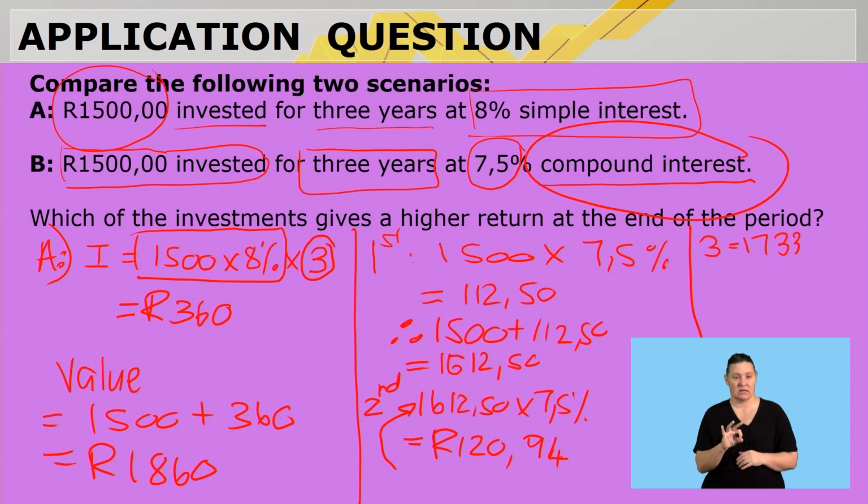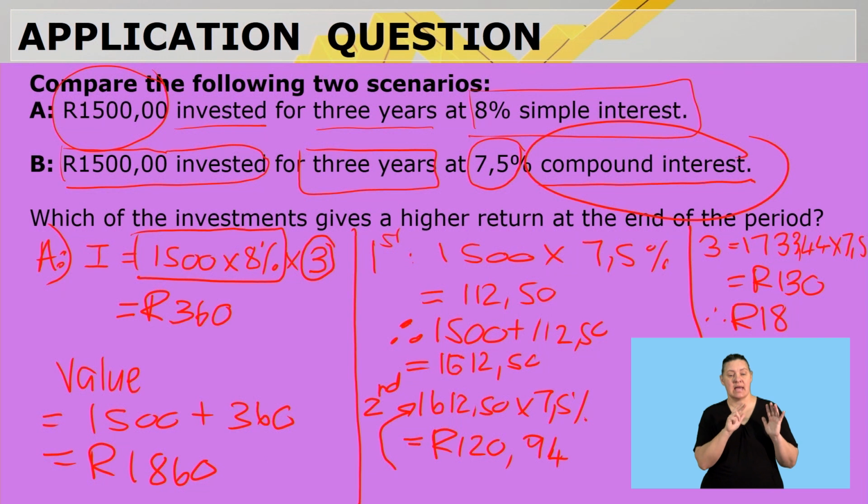So going into year 3, it's going to be 1,733 Rand 44.44 times my interest rate, 7.5%, and that is 130 Rand. So we end off with an amount of 1,863 Rand 45 cents.